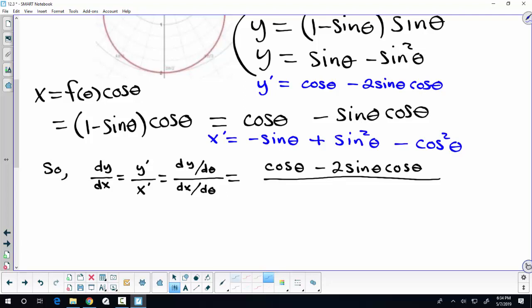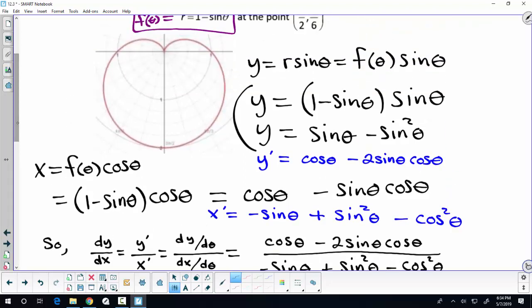So there's our x prime. So all of that quotient represents the derivative. Given any theta, how do we measure the slope at a particular point on the cardioid?